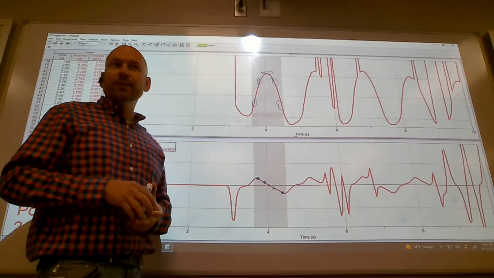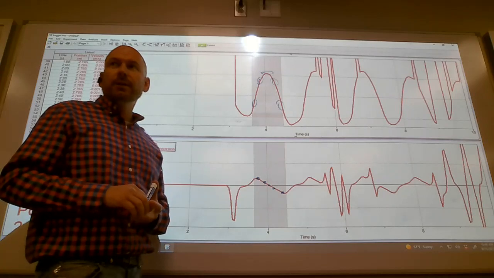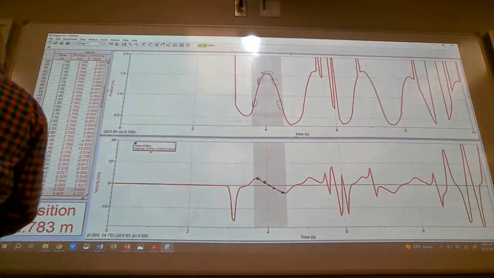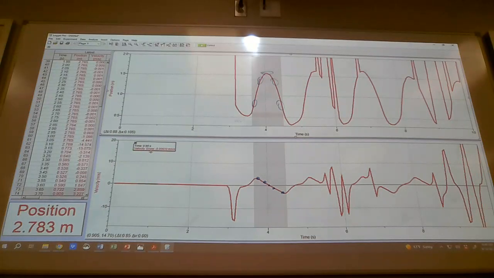What on a velocity versus time graph tells us acceleration? Slope. Check this out. How would you describe that slope? Is it negative or positive? Negative. Is it constant or changing? Constant. Check this out.